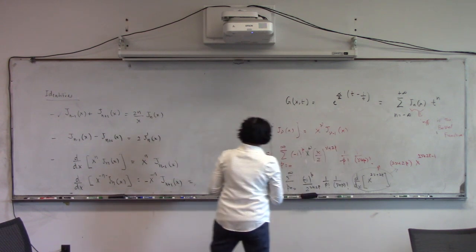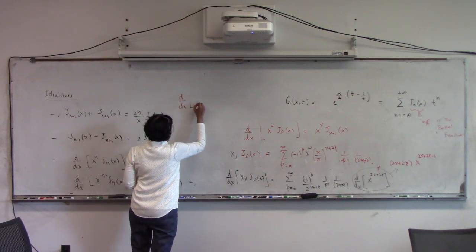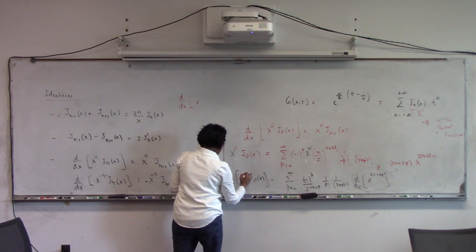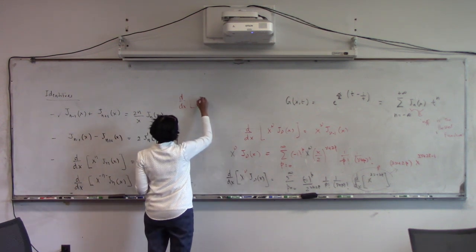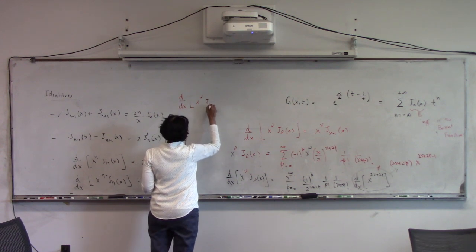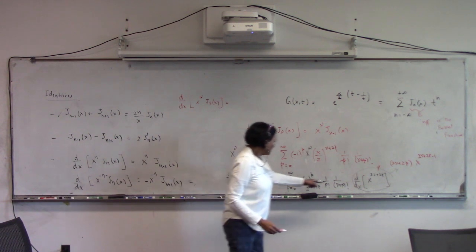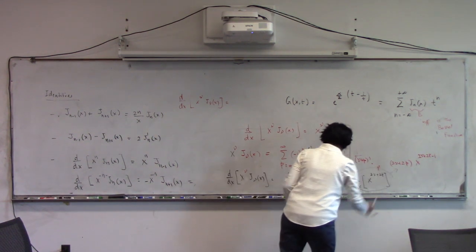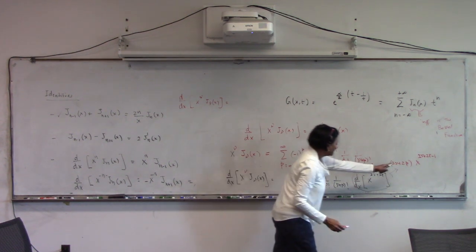Okay, so I can write the first derivative of x nu, this is our x nu, J nu x, is nothing but, I got an extra 2 here. So that 2 is in the numerator, right?